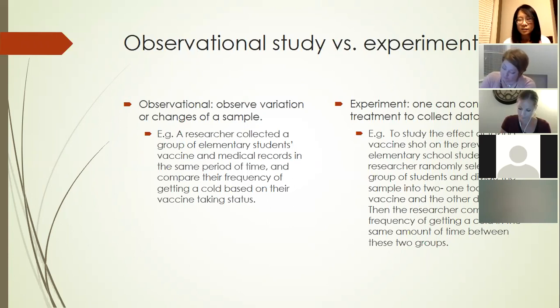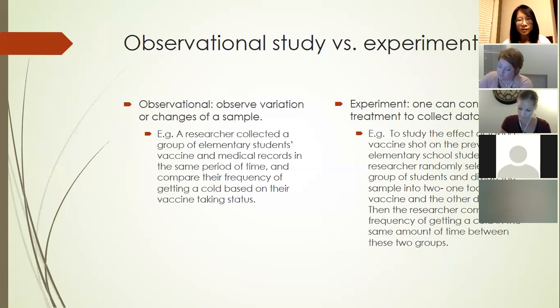But an experimental study means you try to control a treatment on different groups of students, in this case. If you want to do an experimental study, you will have to randomly select, say, 20 students, and then divide them into two groups. One group, in the same period of time, doesn't take any immunization at all.